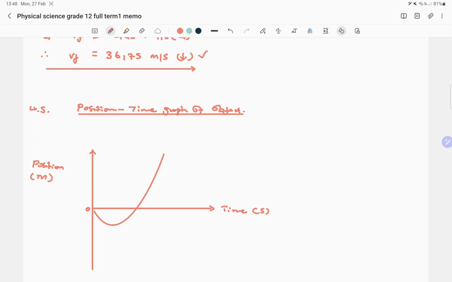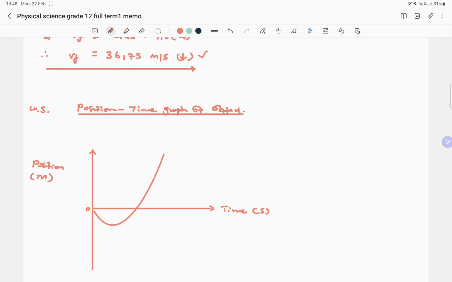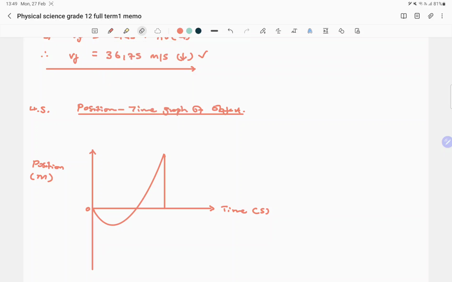Okay, I think it's much better. So we can just push it to the origin there. And then we can tell that this would be the final displacement right there. And this final displacement, we know that we reached it at that time. So let's just sort it out, guys. We don't want to lose too much time.